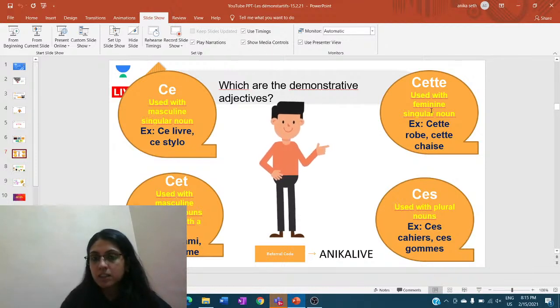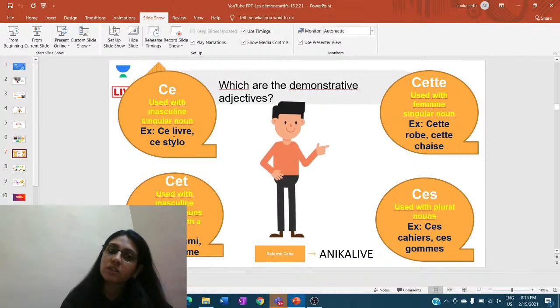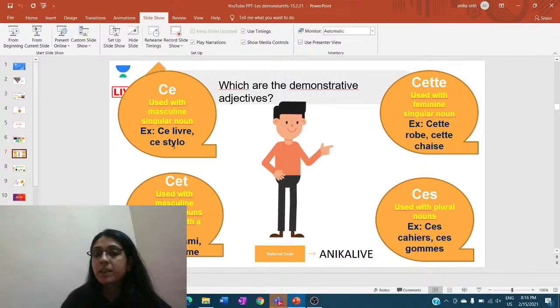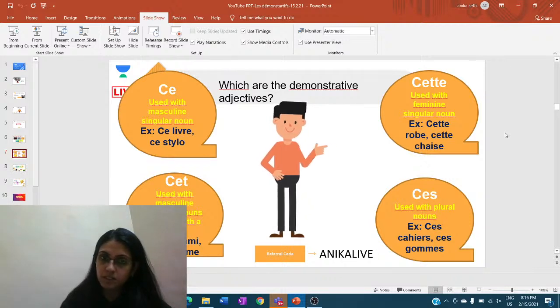Like ces cahiers, ces gommes, or ces livres, ces stylos, ces crayons, ces robes, ces chaises, ces tables, whichever is the noun in the plural form, we will use the demonstrative adjective CES, which is "ces", right?